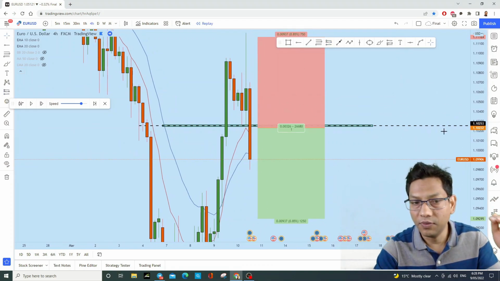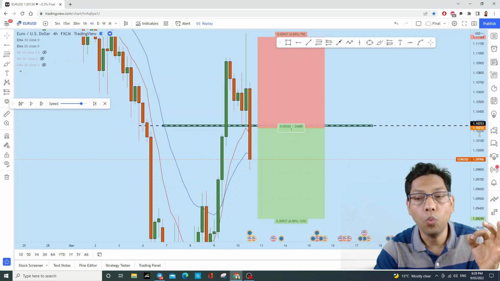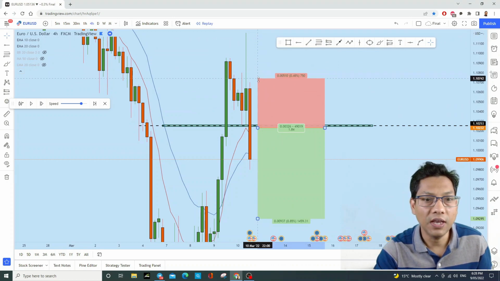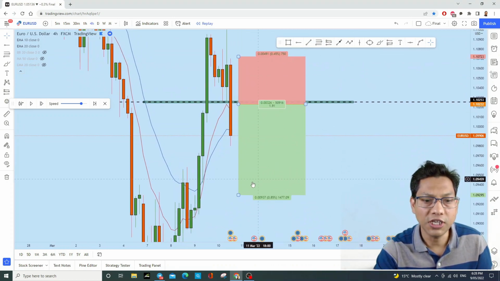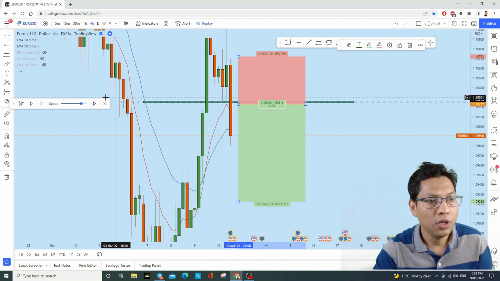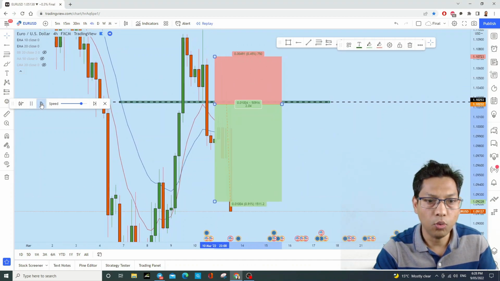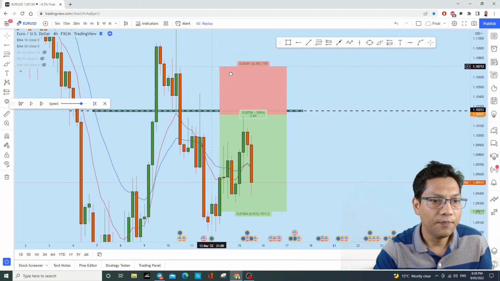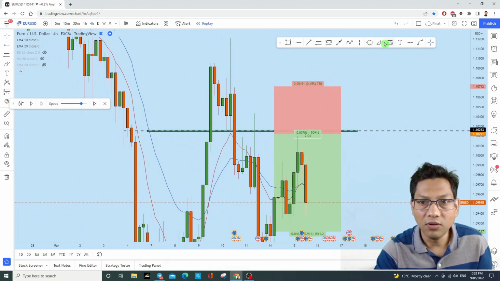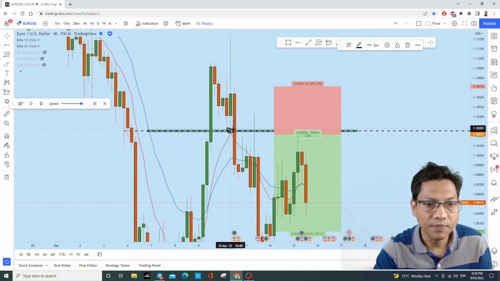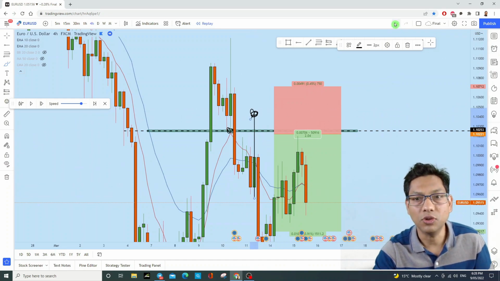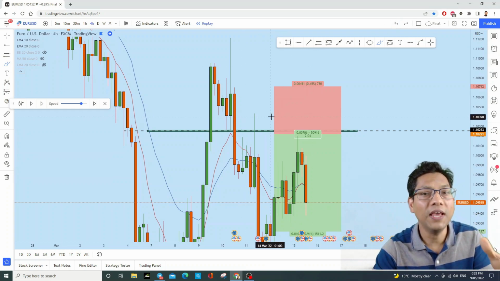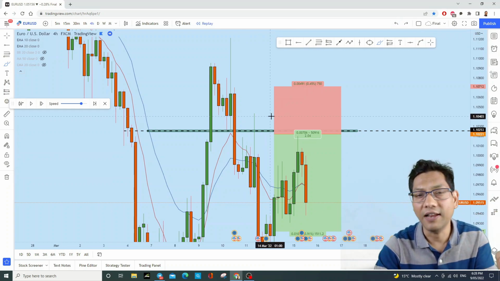Now the area of value is 1.1025, let's say you placed at 1.1023, and if you place your stop loss here, a 1 to 2 risk to reward ratio should give you a nice winning trade. You see, the price exactly when this area of value, this support, has been penetrated to the upside and then strongly rejected to the downside. So that is where you need to place your pending order, finding the right location.